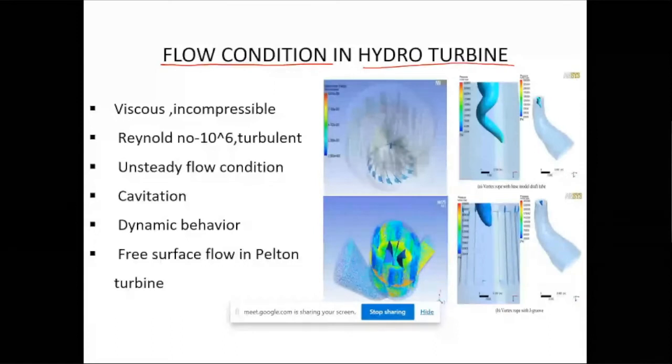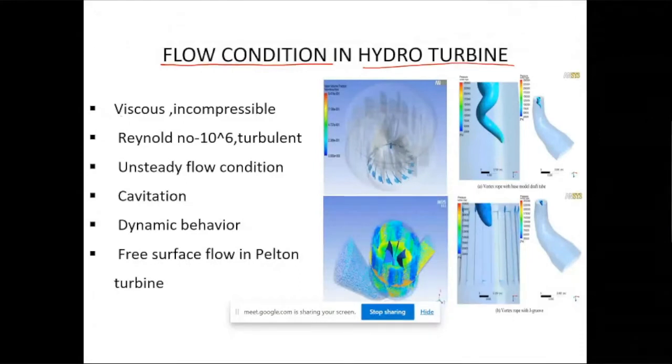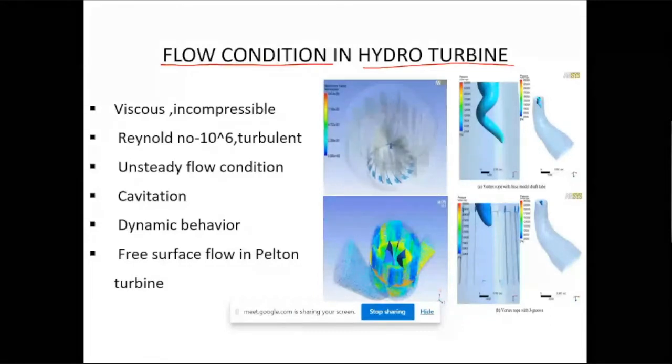The runner is being rotated at like 1000 rpm, 2000 rpm, 3000 rpm also. So stability wise, this is not a good stable flow, because the rotor is rotating at a very high speed. So we have very unsteady conditions across the turbine.